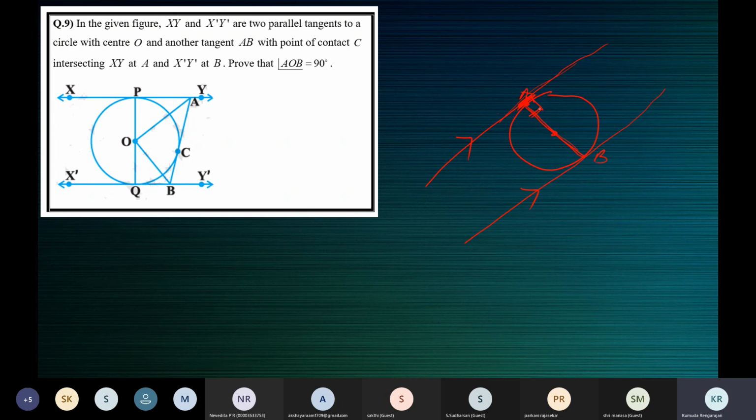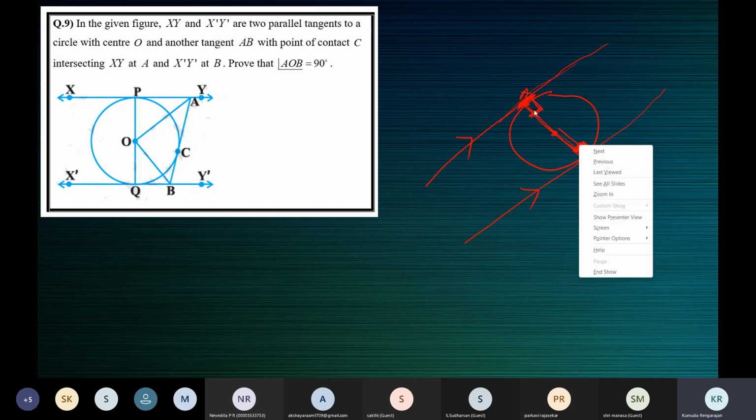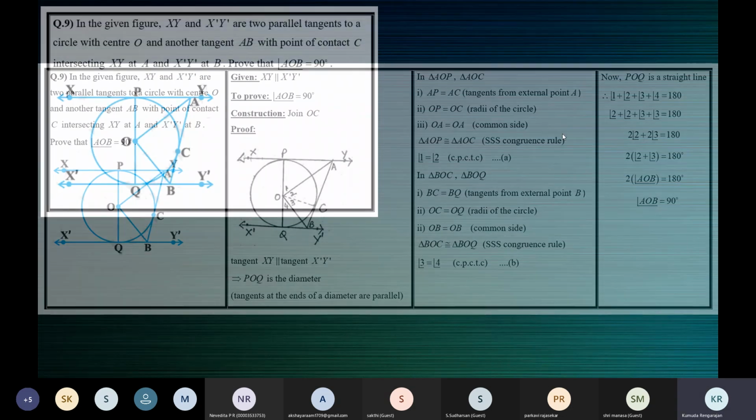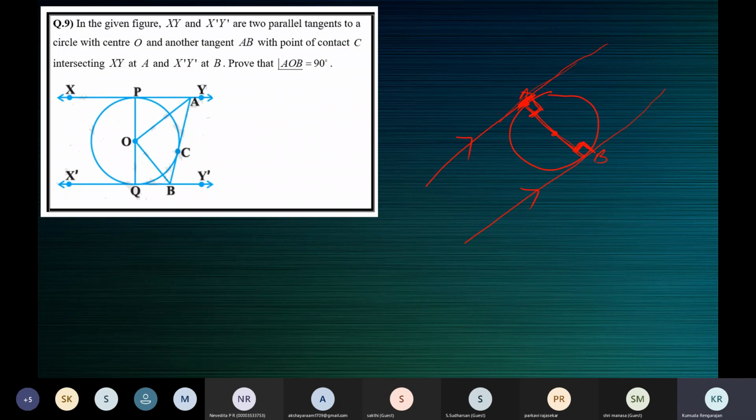So radius to tangent at the point of contact is 90. Here also radius to tangent at the point of contact is 90. And you can see co-interior angles are supplementary, 90 plus 90, 180. So the lines are parallel to each other. This is 90, this is 90. Co-interior angles are supplementary, so these two lines are parallel to each other.